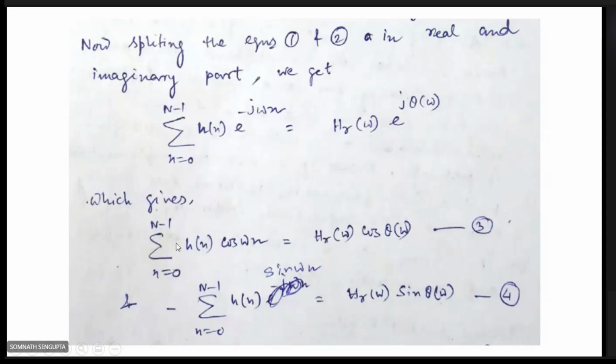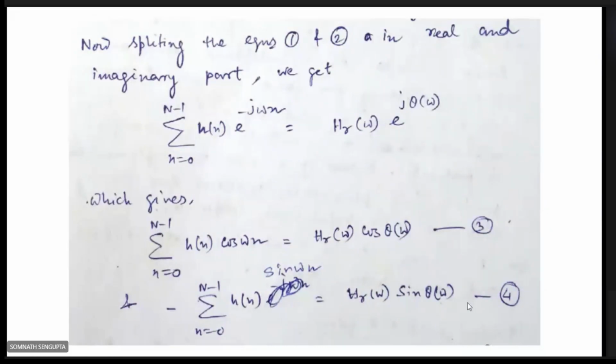So we are equalizing both. Okay, so we get that summation h[n] cos omega n is equal to H_r(omega) cos theta(omega). Similarly, the imaginary part is summation h[n] sin omega n is equal to H_r(omega) sin theta(omega).